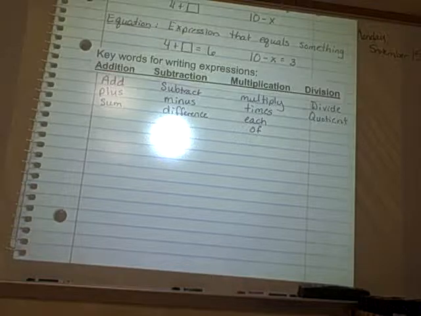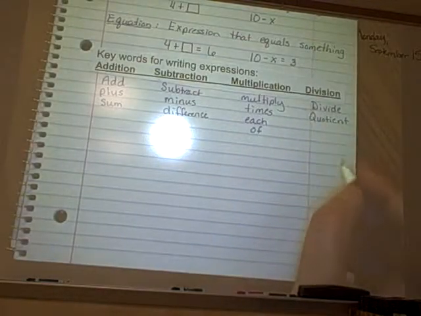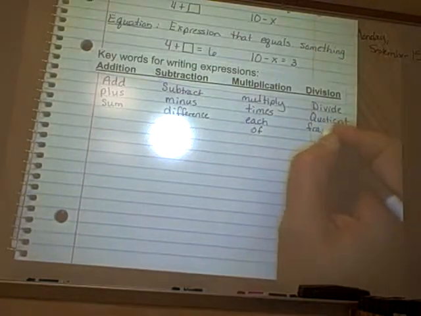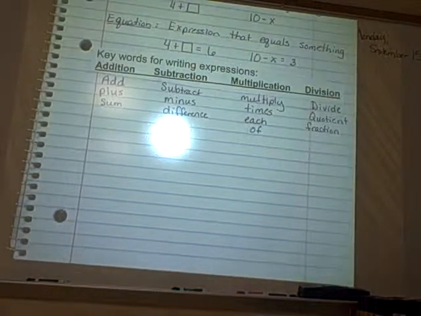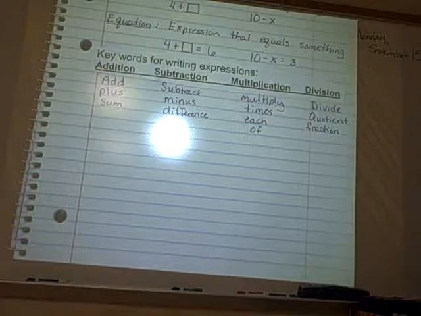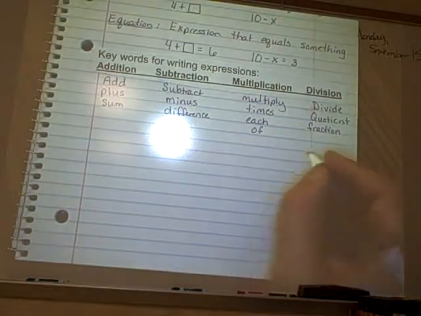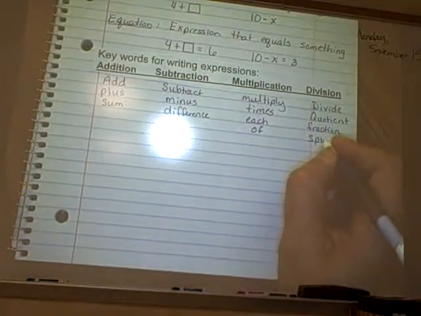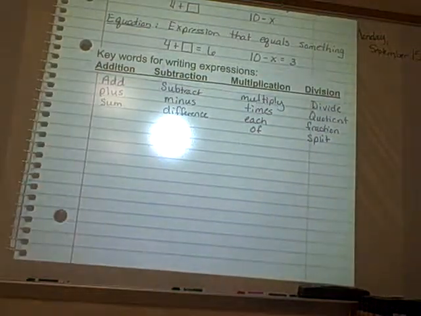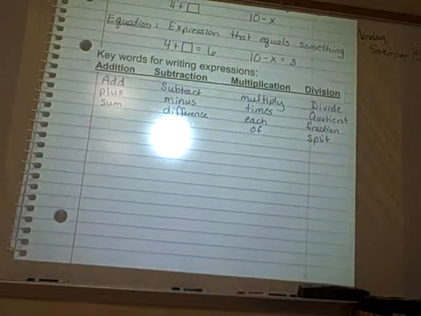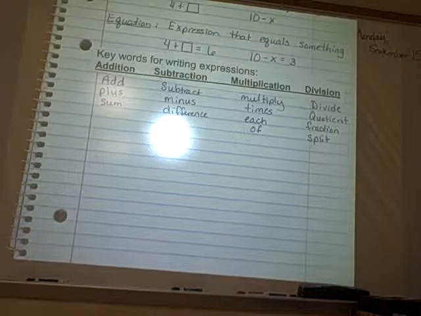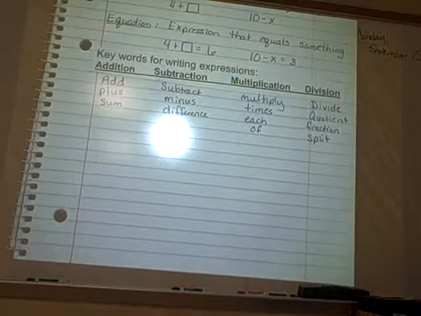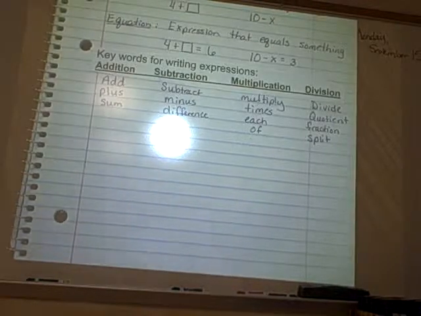Find the quotient. A fraction would be divide. I don't know that I've ever said to fractionize anything, but fraction would be, like if you say to split. Sometimes, yes, each could work for division too, because if you're saying each person gets a certain amount out of the whole, then that's splitting it up.